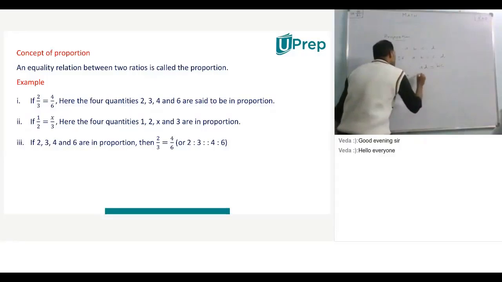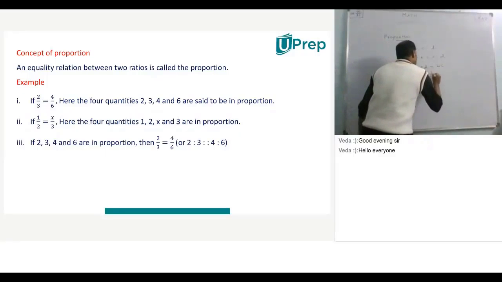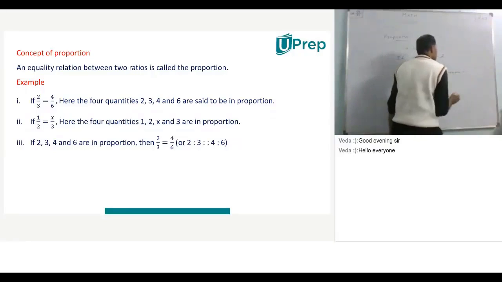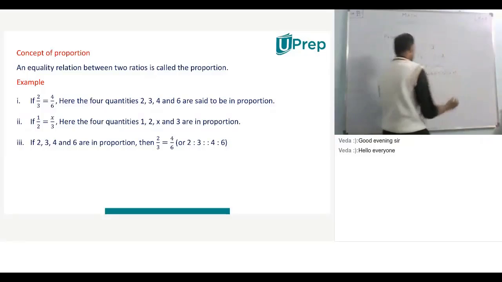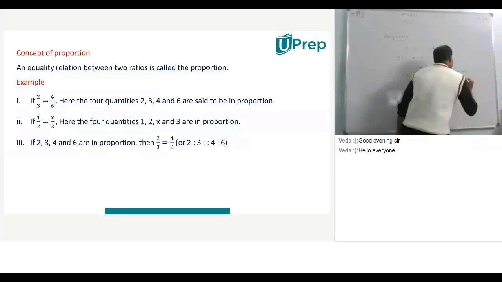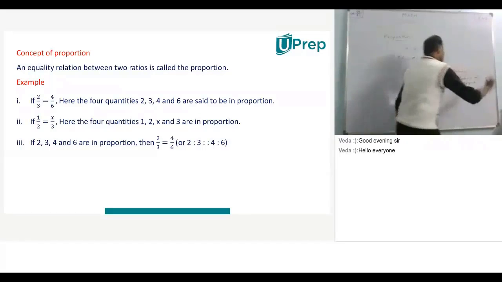That is, product of means is equal to product of extremes, or product of extremes is equal to product of means. Okay. Because these are extremes. Product of extremes is equal to product of means.